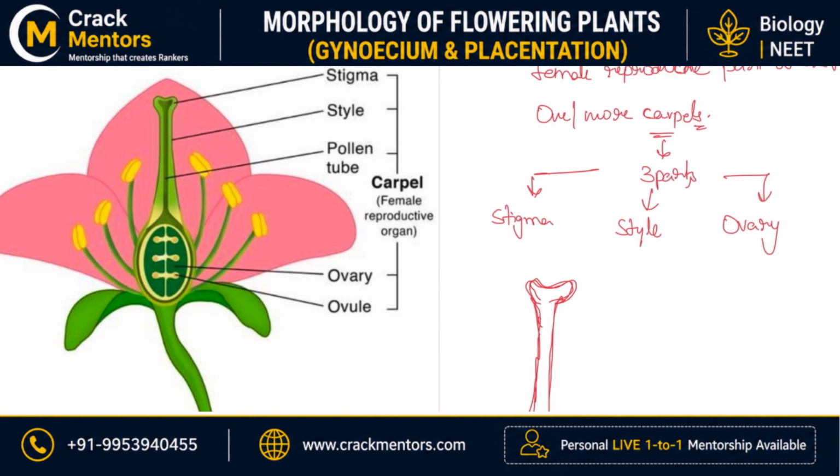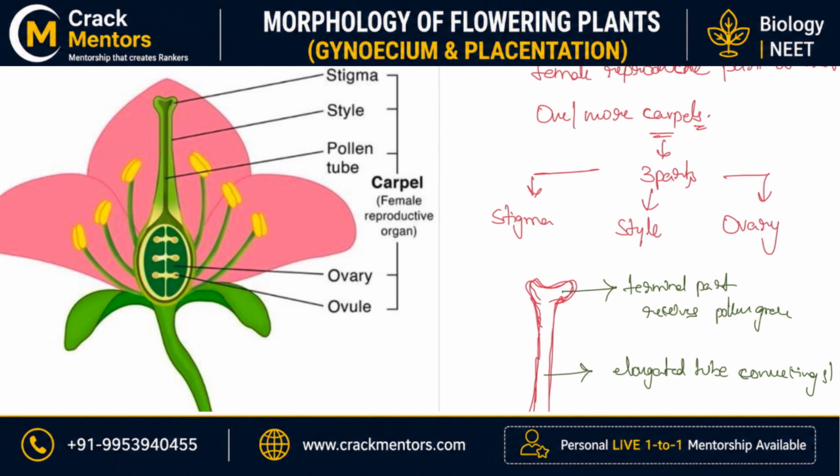So what parts have we seen? We have seen the stigma. Stigma is the terminal part and it receives pollen grains. Then we have a style. Style is an elongated tube connecting the stigma to the ovary.